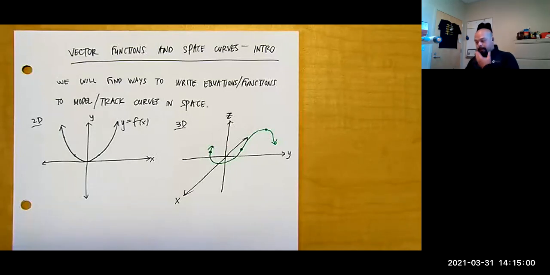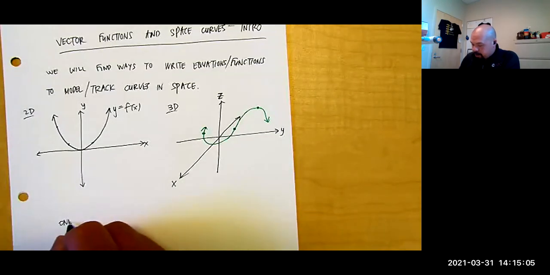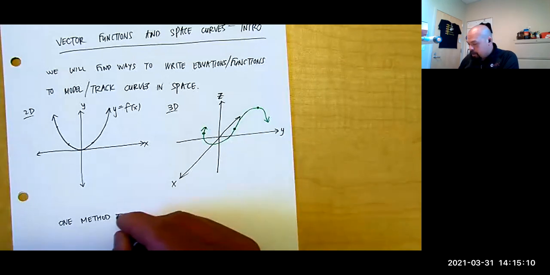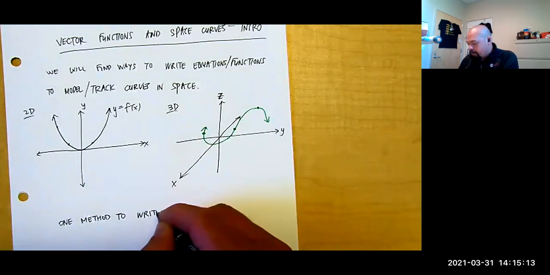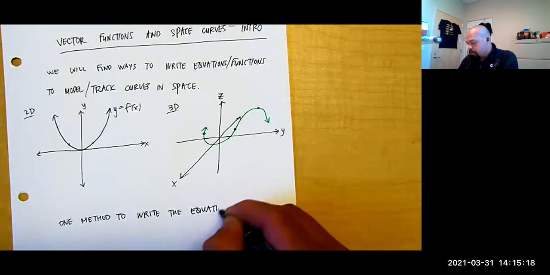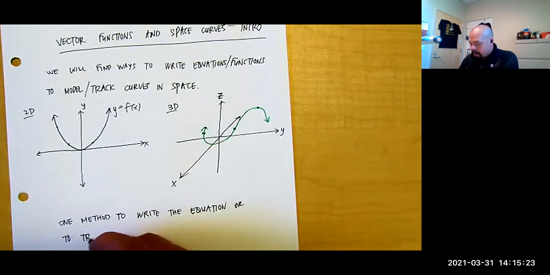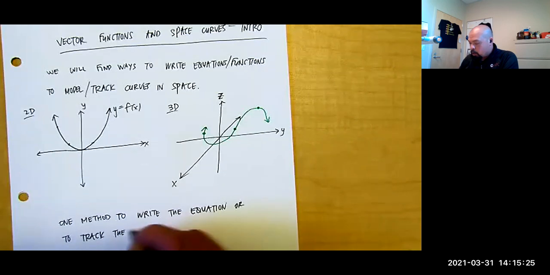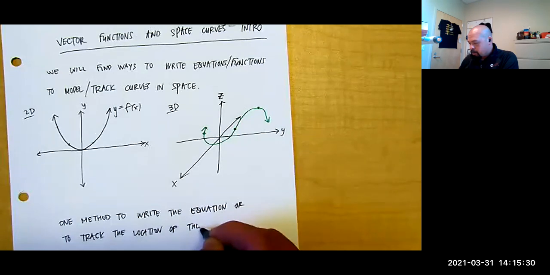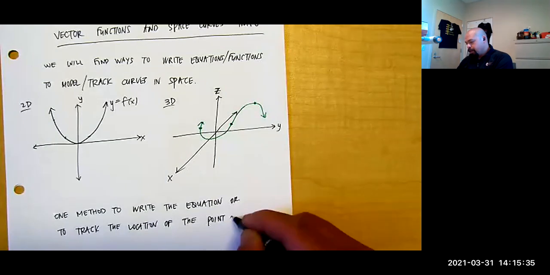But we're trying to find our equations here. So one method to write the equation or to track the location of that point along our curve.